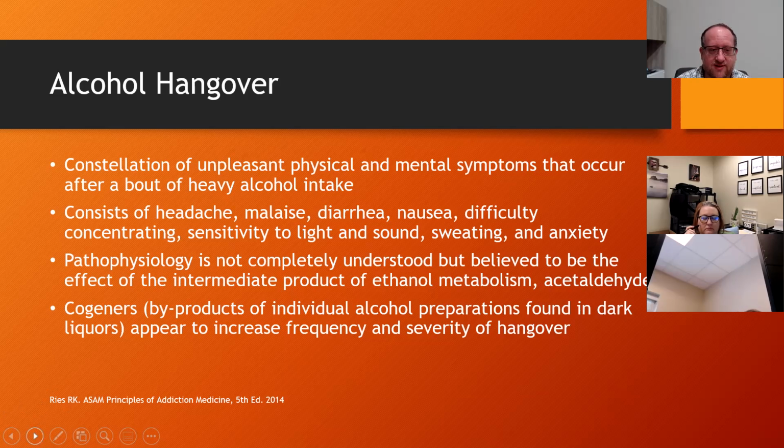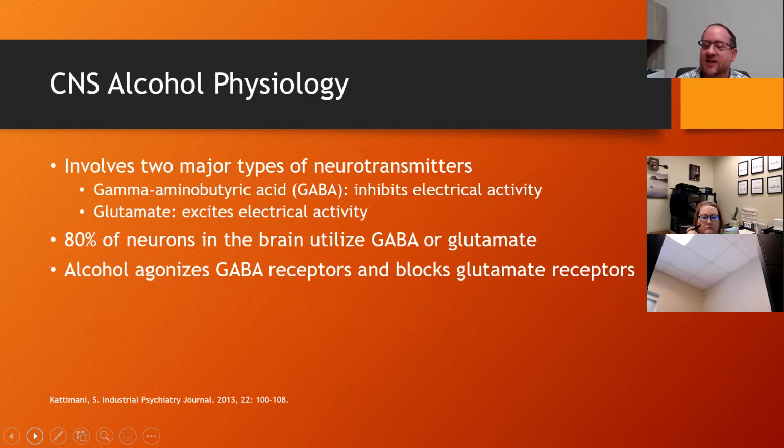Some people will even say there may be a role of different congeners that are present in different types of alcohol, because dark liquors tend to lead to hangover more than clear liquors, but you can have a hangover with any liquor. So we don't fully understand it. And there's not a great treatment for alcohol hangover, and there are home remedies you can buy from the store. People take aspirin. People do quite a bit of things.